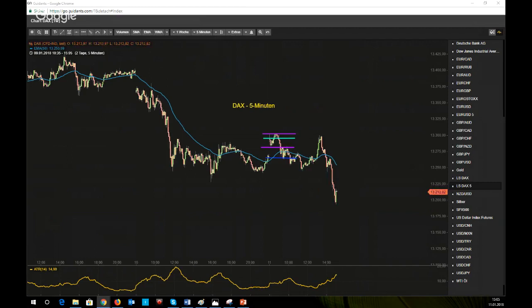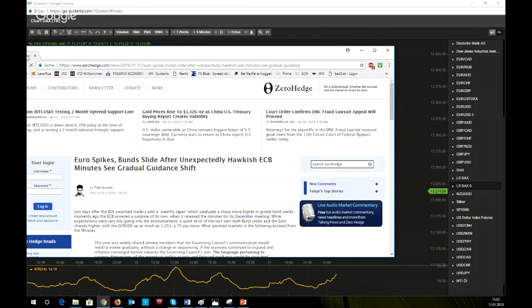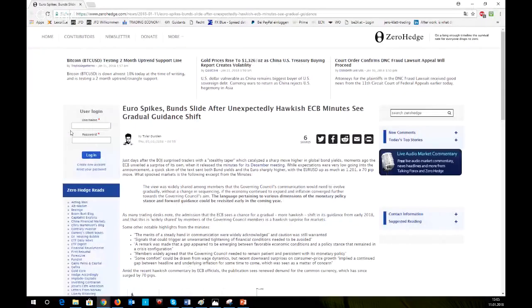Let me show you the article here in a separate browser tab: Euro spikes, Bunds slide after unexpectedly hawkish ECB minutes, see gradual guidance shift.